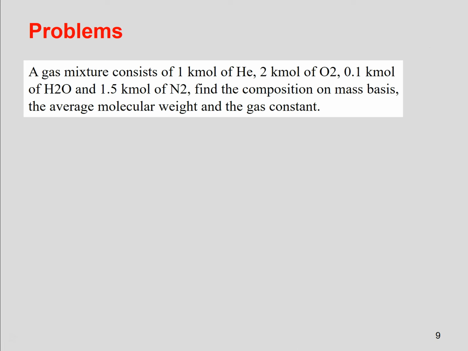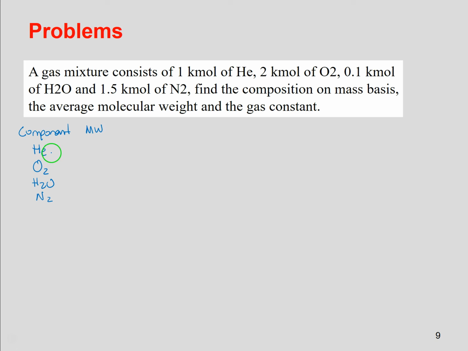So according to our procedure, the first thing that we need to do is to list the components. So we have helium, O2, water, and nitrogen. And then the molecular weight of each one.